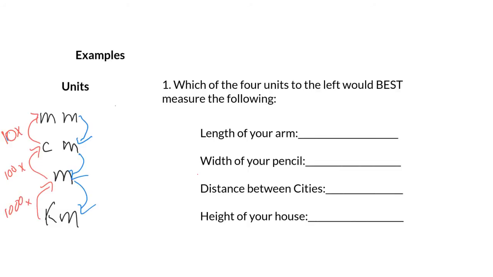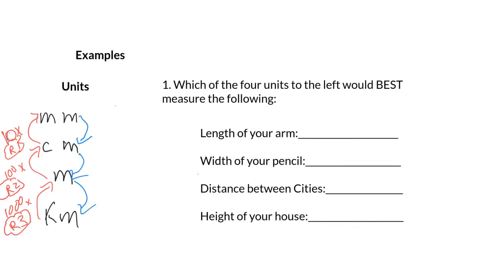So for times 10, we move the decimal to the right one. Going from meters to centimeters, we move to the right 2. And going from kilometers to meters, we move the decimal to the right 3 spaces.